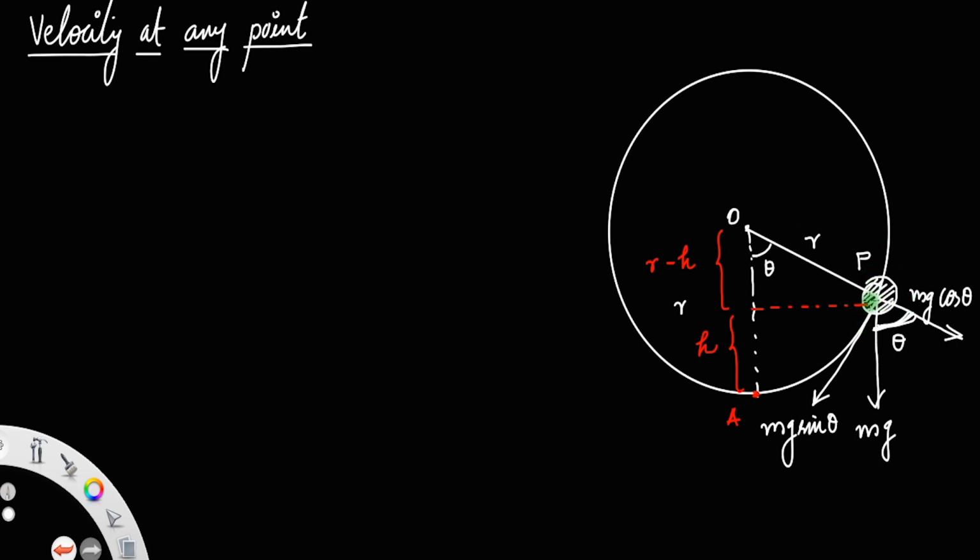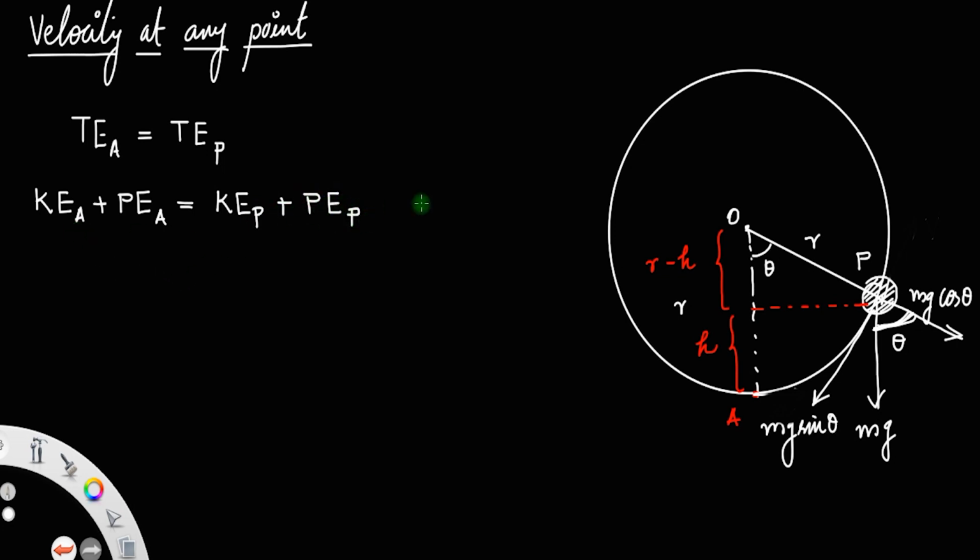For that, we are just considering the conservation of energy, which means the total energy at the point A is equal to the total energy at the point P. Total energy at A is the sum of kinetic energy and potential energy at A. Similarly, total energy at P is kinetic energy at P plus potential energy at P. Now the velocity will always be tangent to the circle, which means at the point A, the velocity will be like this.